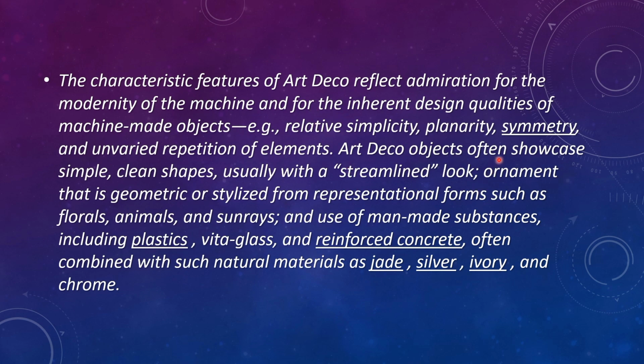Art Deco objects often showcase simple, clean shapes, usually with a streamlined look, and ornament that is geometric or stylized from representational forms such as florals, animals, and sun rays, and use of man-made substances including plastics, Vitrolite glass, and reinforced concrete, often combined with such natural materials as jade, silver, ivory, and chrome.